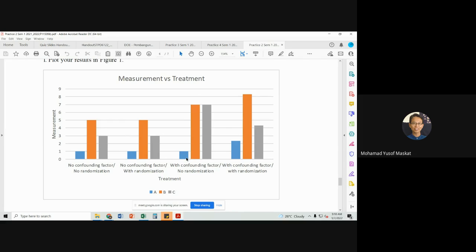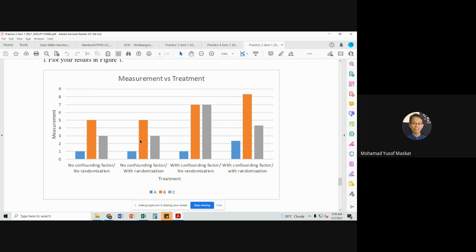But if there are confounding factors and we do not do randomization, we will get something totally different, which is 1, 7, and 7, which is different from the actual results.